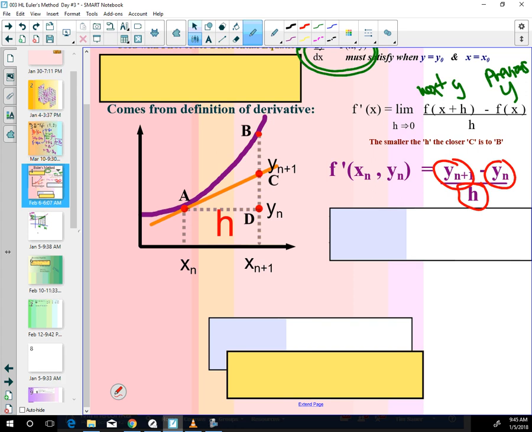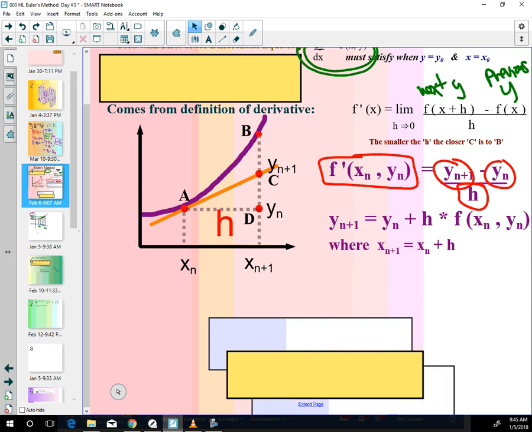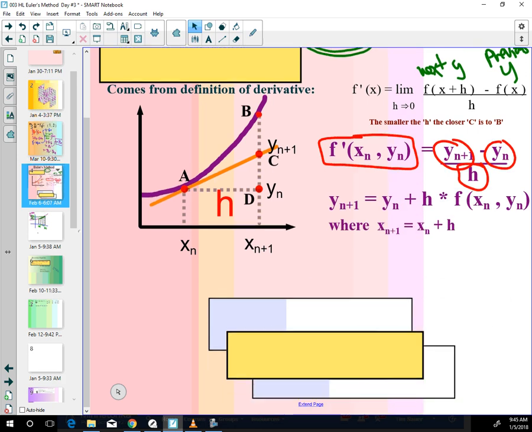Now, this derivative, this is the formula that we're going to compare it to. And so if you do some algebra here, if you take h times f prime, and they even take this prime out sometimes, they'll just call it f. So you don't even need this little prime thing here.